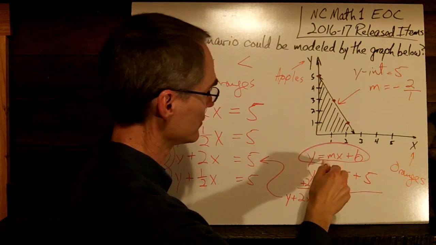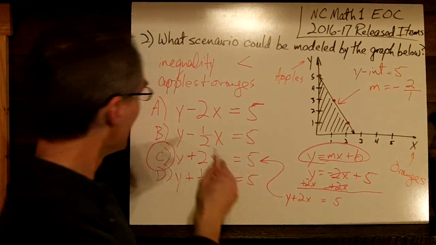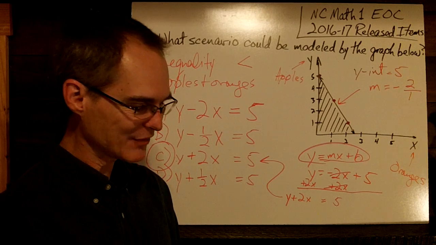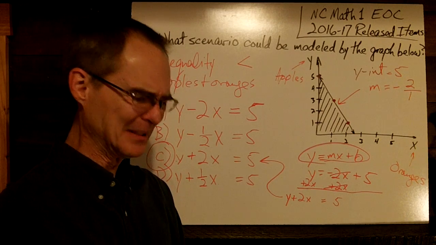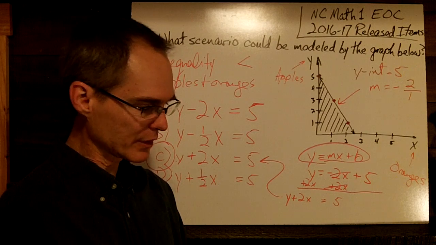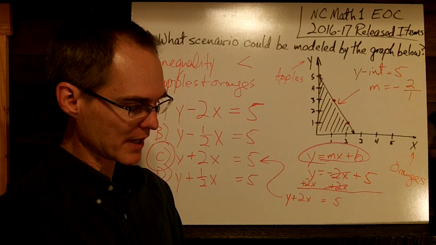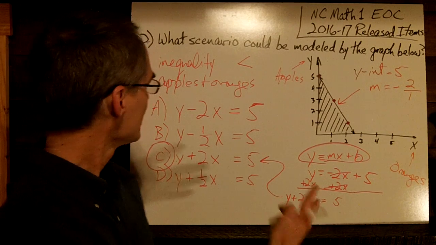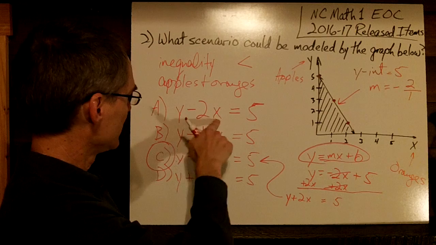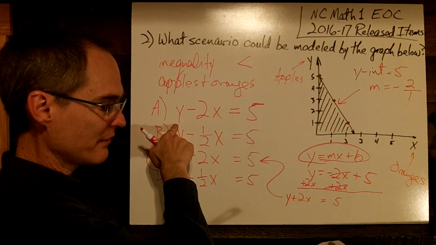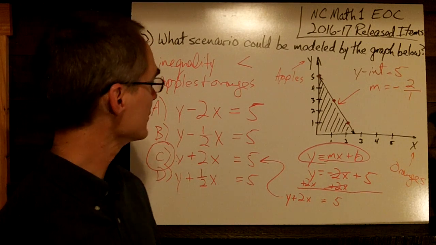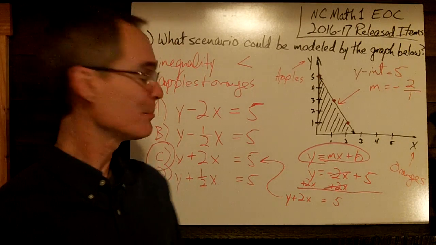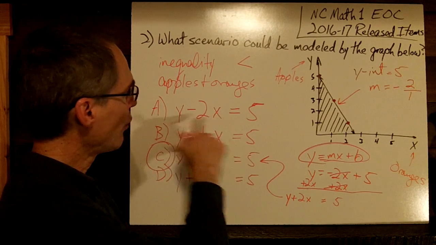I also noticed that all of the different answer choices, even though at first they looked kind of long and complicated, really weren't, because in each one of them, the number of pounds of apples was y, and the number of pounds of oranges was x, so I could immediately substitute and write each of these answer choices in a much simpler algebraic form.